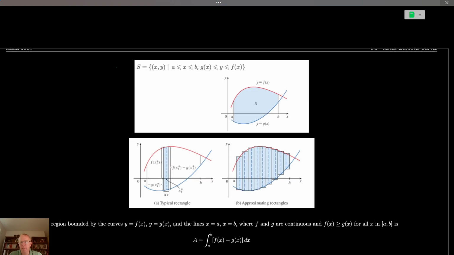Once we do this over the entire area, we get an approximation of the area. Then we take the limit as n goes to infinity for the number of strips, and that gives us the area between these two curves.